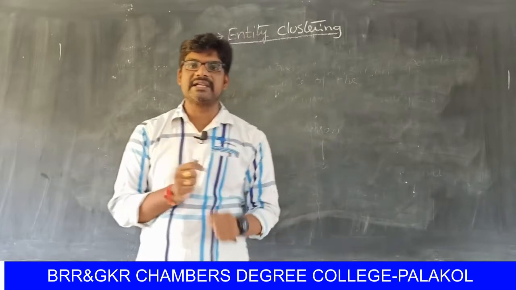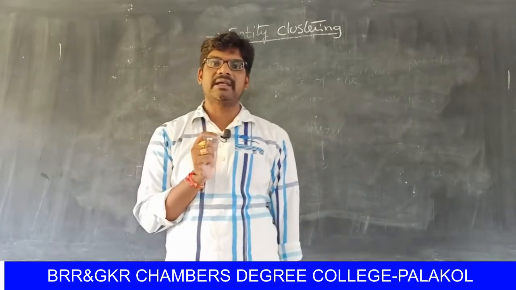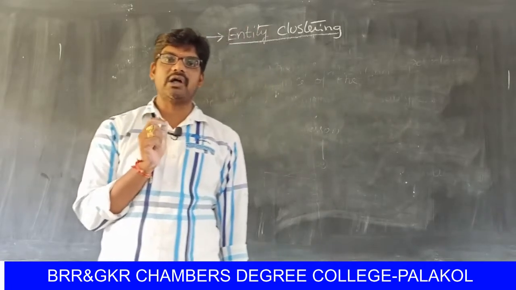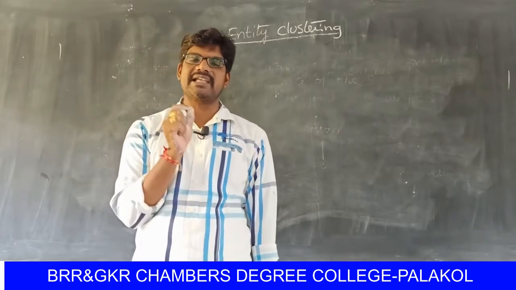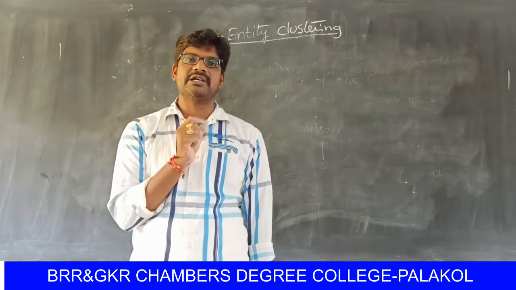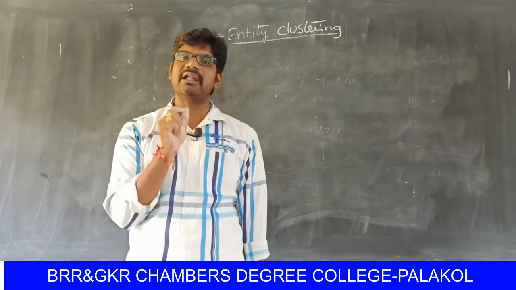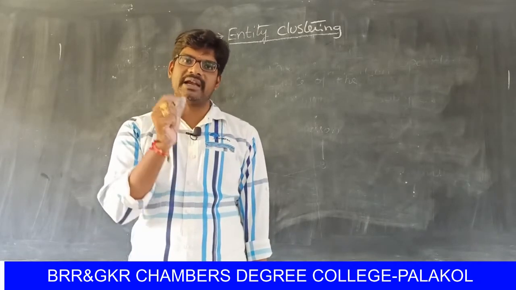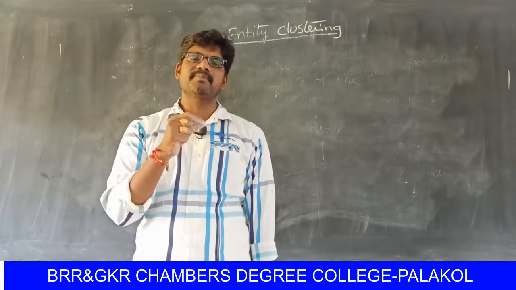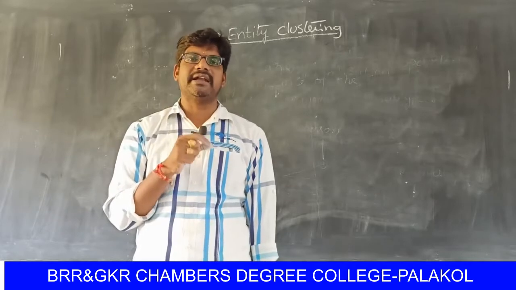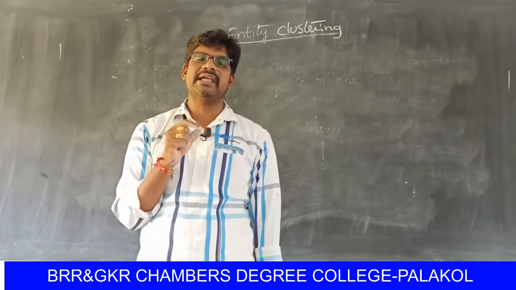An entity cluster is formed by combining all the interrelated entities into a single abstract entity. The interrelated entities can be combined to form a single abstract entity. That is called entity clustering.